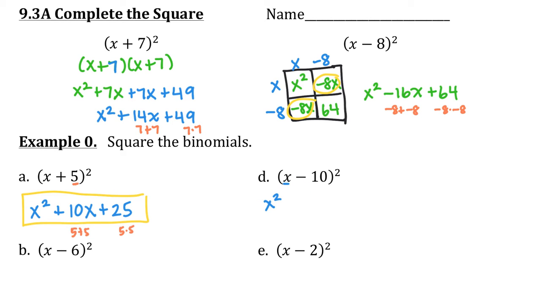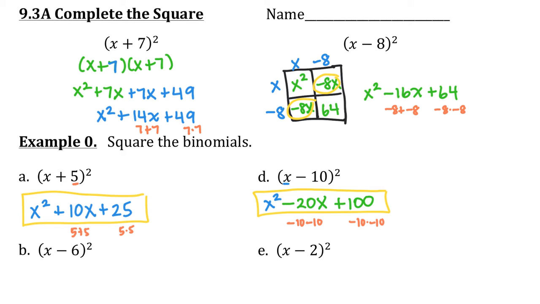Since this is minus 10, if I do minus 10 minus 10, I get minus 20x. And if I do minus 10 times minus 10, I get positive 100. So this should be my final answer. And again, how did I get that? I did minus 10 plus minus 10 here, and I did minus 10 times minus 10 to get the last term.